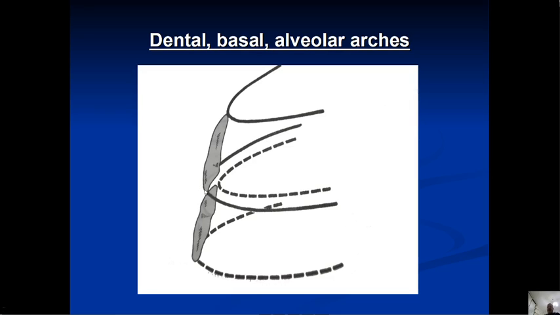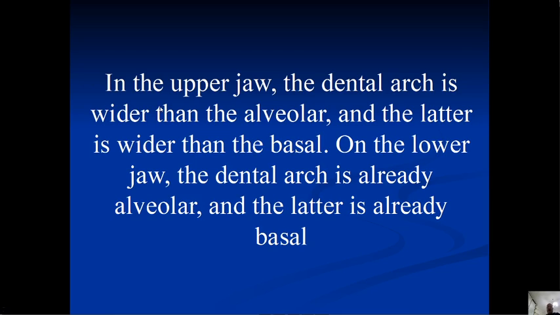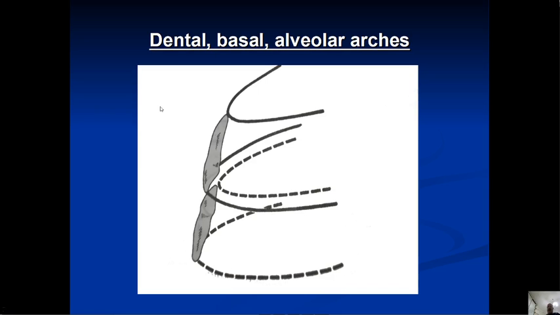Next one. This is a dental arc. This is the occlusal surface and incisal edge. And here in the middle is the alveolar arc. In the upper jaw, the dental arc is wider than the alveolar, and the alveolar is wider than the basal.